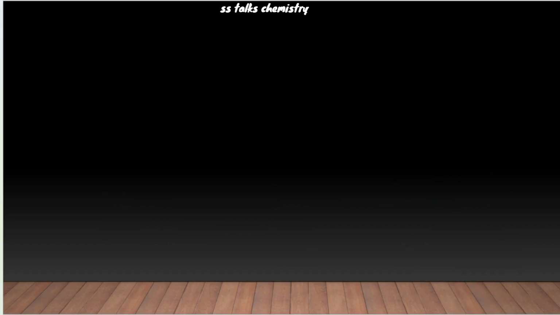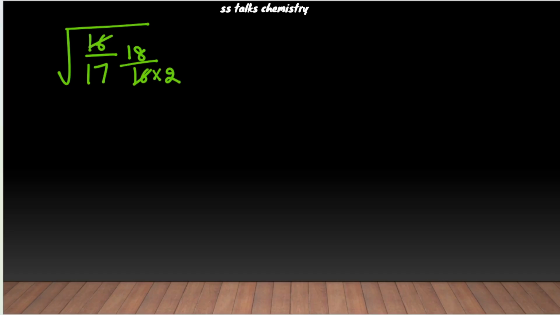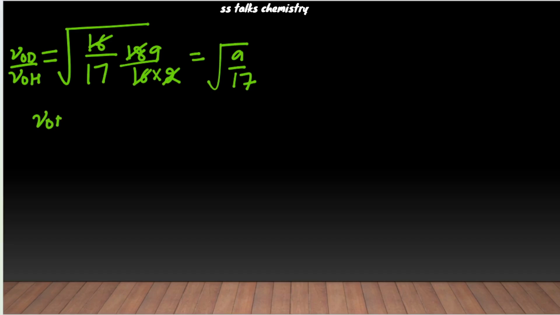So it becomes 16 upon 17, and here it was 18, because we are doing 16 plus 2, so that goes in the numerator, and here it will be 16 into 2. So 16 and 16 get cancelled, and 2 and 18 becomes 9. So the square root of 9 by 17, this ratio we are having for the stretching frequency of the OD to that of the OH.